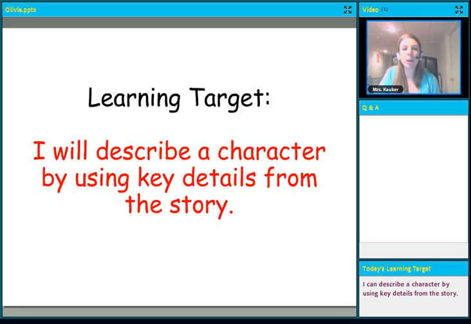So Mrs. Kauker rewrote it into something that we can understand a lot better. And it says, I will describe a character by using key details from the story. Let's all read it together. Ready? I will describe a character by using key details from the story. Very good, boys and girls.